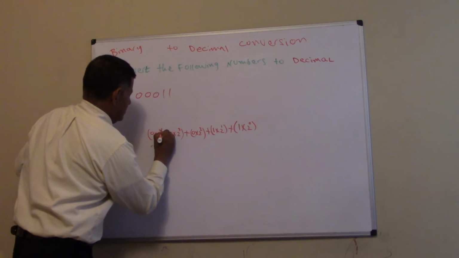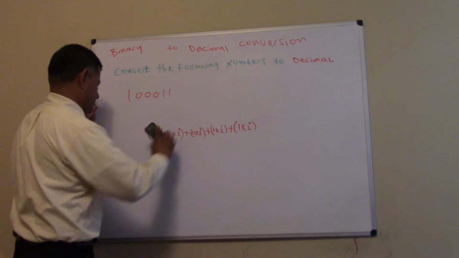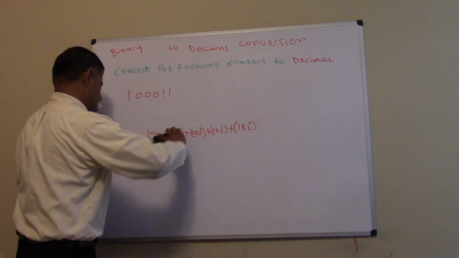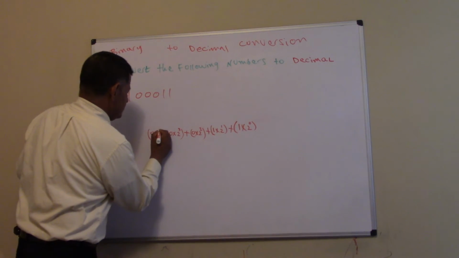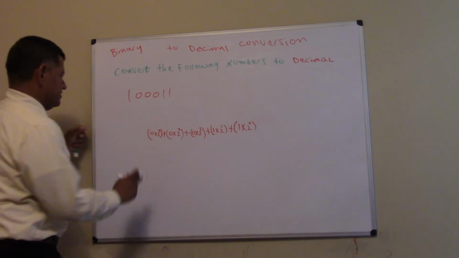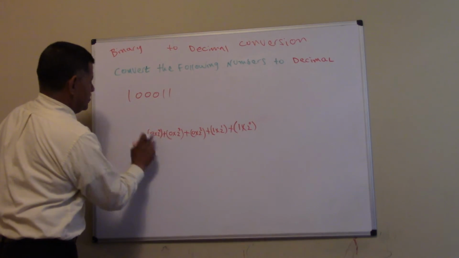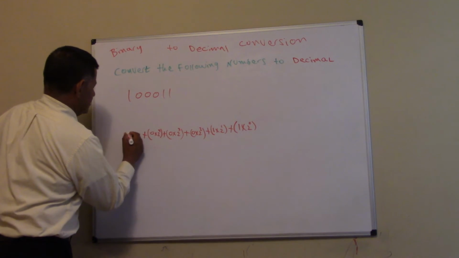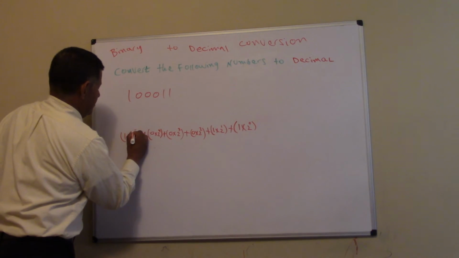I already covered the 3 zeros, so plus, the last one is 1 times 2 to the 5th power, right?